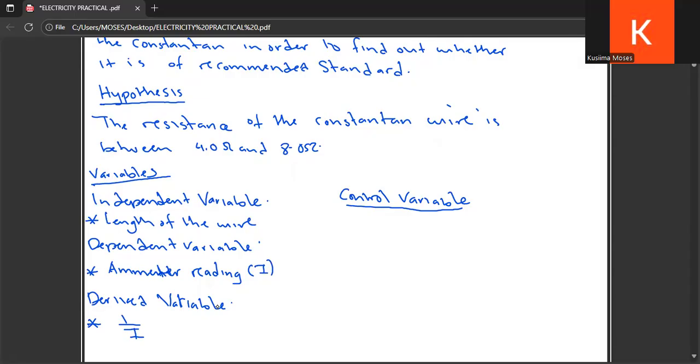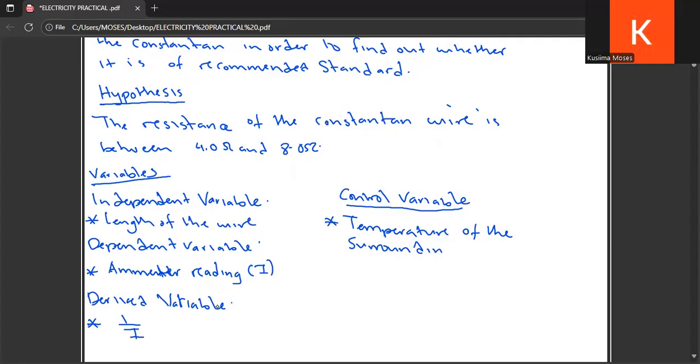We are investigating the length of the wire. So we must make sure that the other factors affecting resistance are fixed. But for this case, you only need to pick one. So our control variable is going to be temperature of the surrounding.